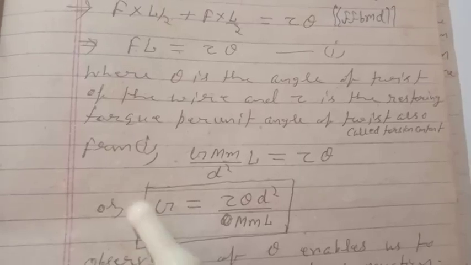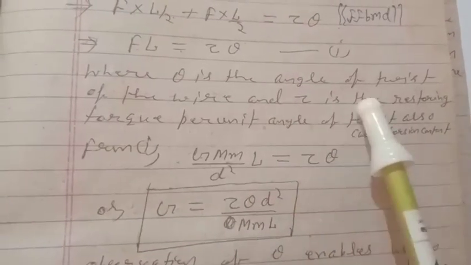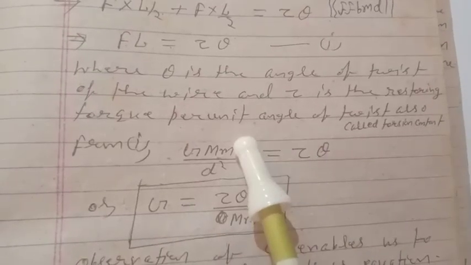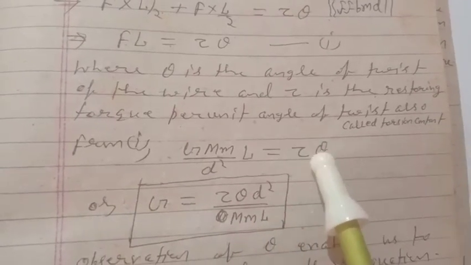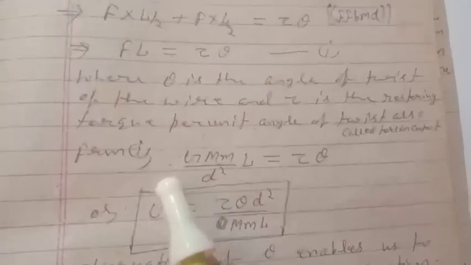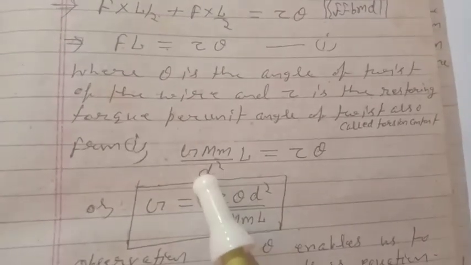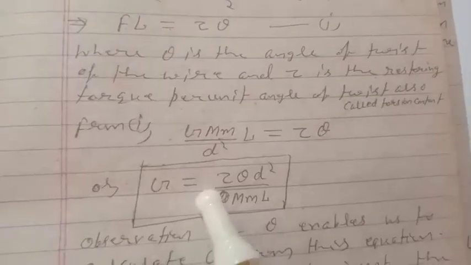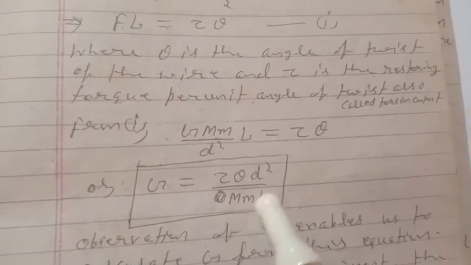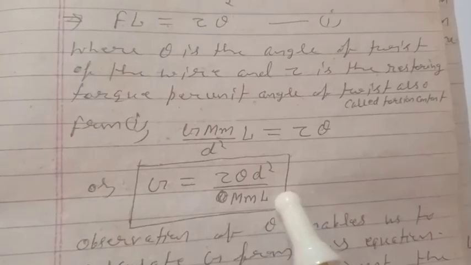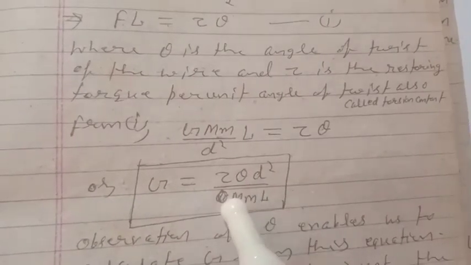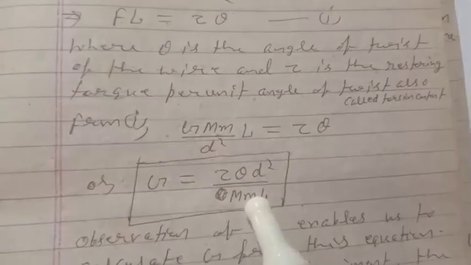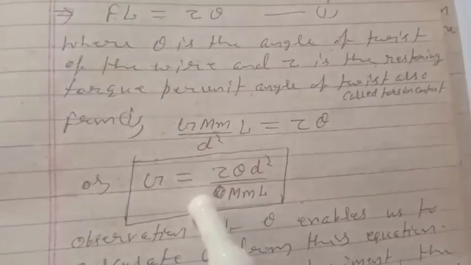Where theta is the angle of twist of the wire and tau is the restoring torque per unit angle of twist, also called the torsion constant. Hence from 1, G M m by d square into L equals tau theta, or G equals tau theta d square by M m L, where M is the mass of the big ball and small m is the mass of the smaller ball.